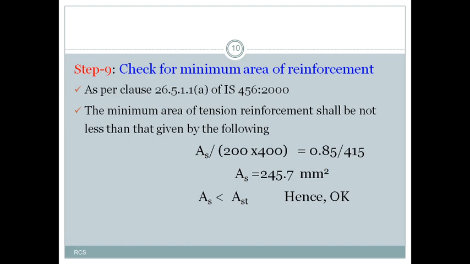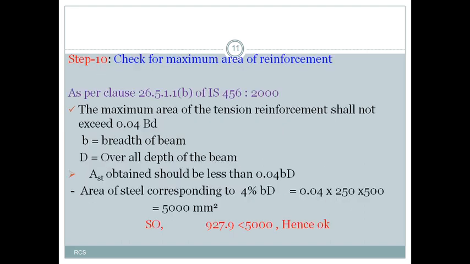When we have the minimum, again we have to check for the maximum area of tension reinforcement also. For this also the code has given a recommendation, that is as per clause number 26.5.1.1 of IS 456, there is a provision that the maximum area of tension reinforcement shall not exceed 0.04 times the overall cross sectional area of the beam, that is small b into capital D here. Just correct this typographical mistake. Small b is the width of the beam, D is the overall depth of the beam.